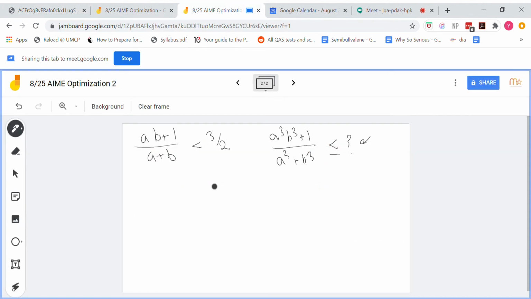So if we rewrite this, we can figure out a bound for a and b, right?